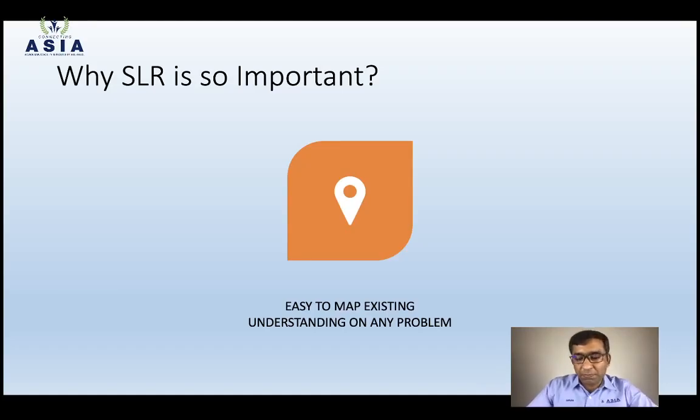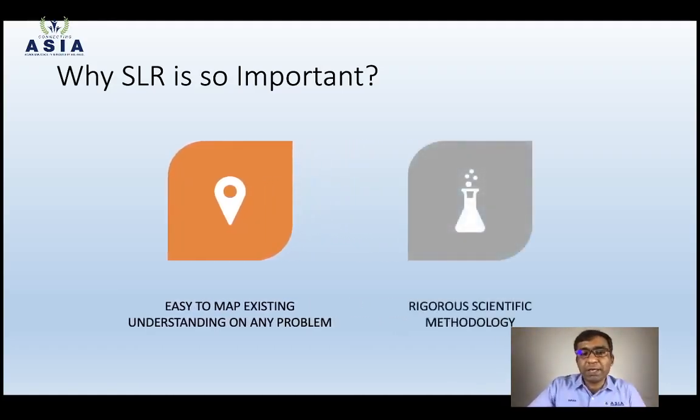So let's move. The second major reason why we conduct the systematic literature review is that it follows a scientific method, a rigorous method. There are steps you need to follow, and it is a very scientific way to conduct any study, the way we do quantitative research. The practice or similar tools or similar platforms can be applied to systematic literature review.